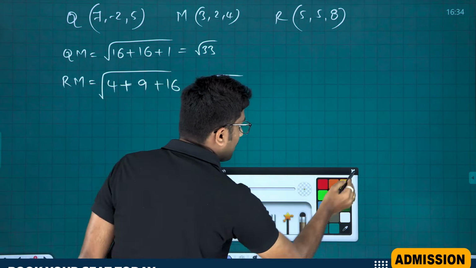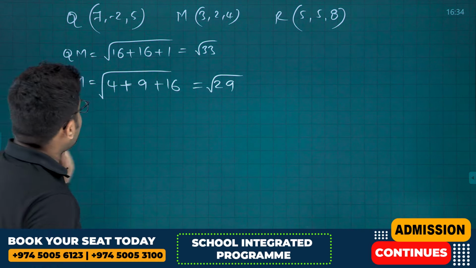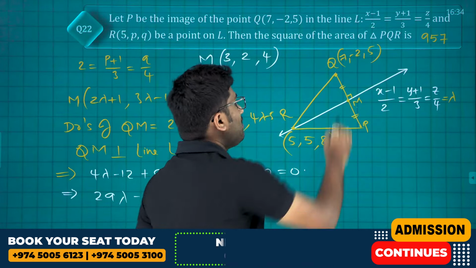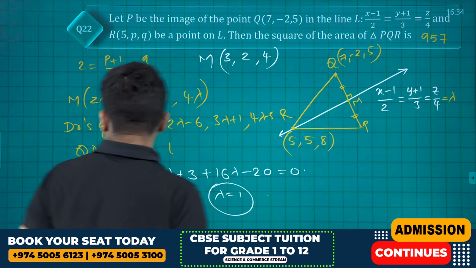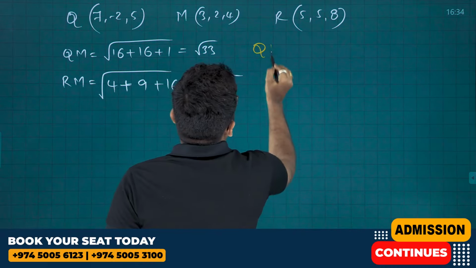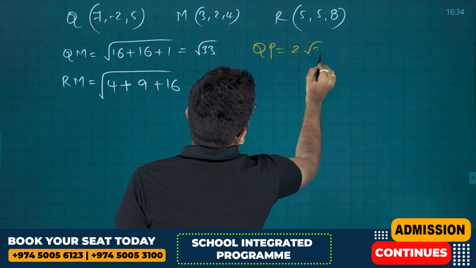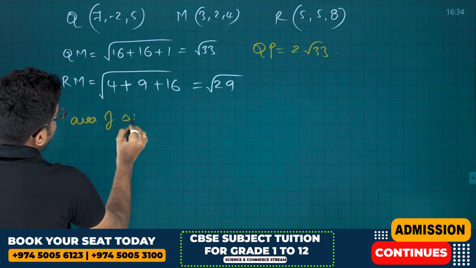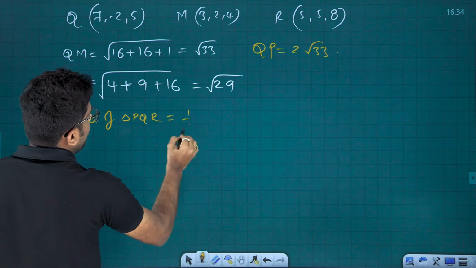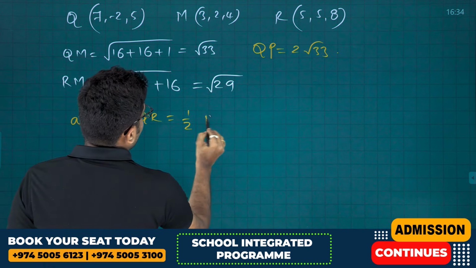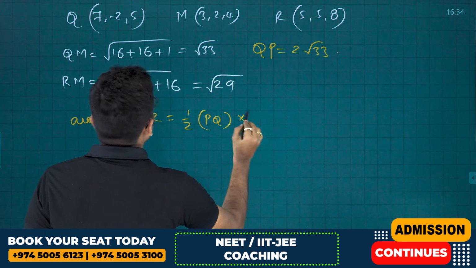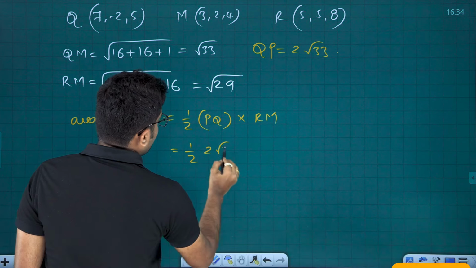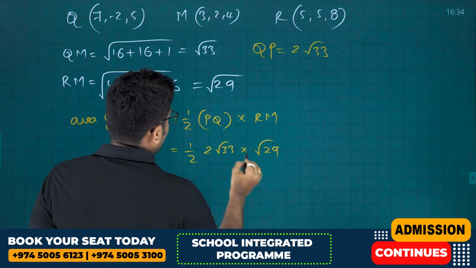So see this, friends, QM is equal to root 33, so what will be the base? Here the base is QP, M is the midpoint of QP, so QP is equal to 2 times root 33. Now the area of triangle PQR is equal to half into base PQ into height RM. So half into 2 root 33 into root 29.